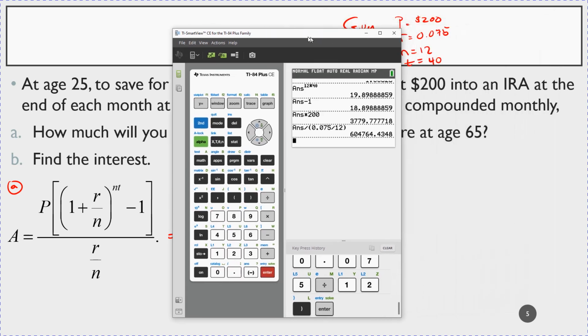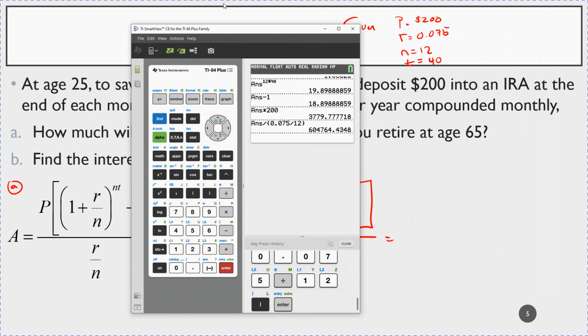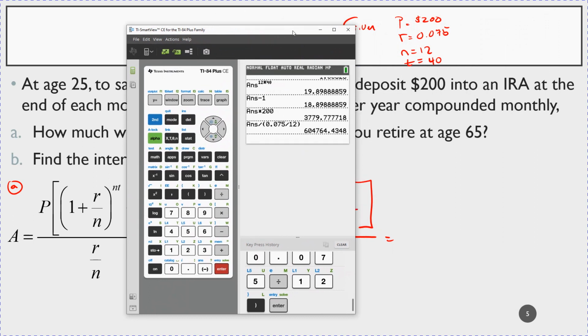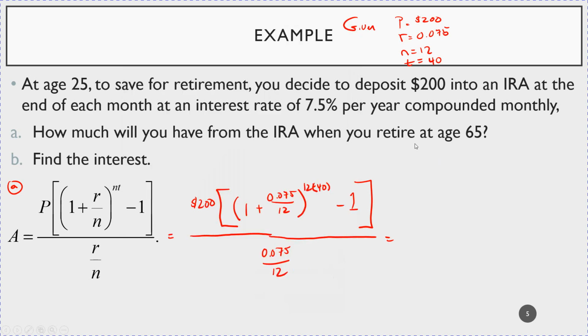And you're going to get, wow, not bad. Look at this. This is amazing. Just by doing $200 a month, over a 40-year period, you're going to have $604,764.43. Okay, that's a lot of money.